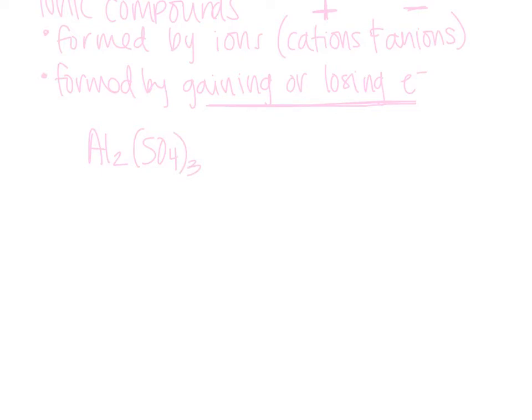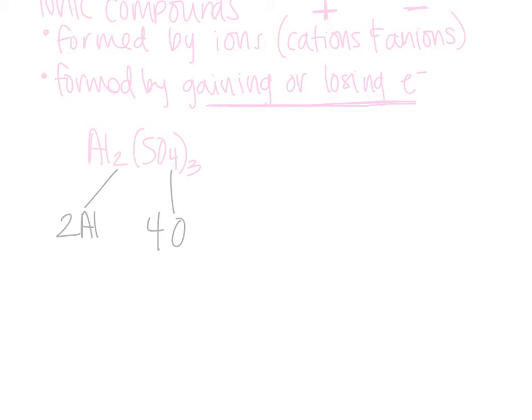So it looks pretty complicated, but we're going to mark it up so that we know what each of these means. So this number here means that there are 2 aluminum. And this number here means that there are just 4 oxygen.